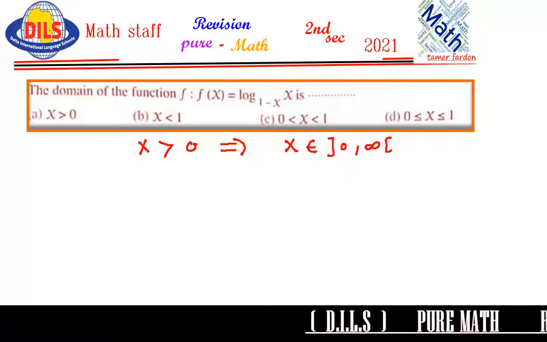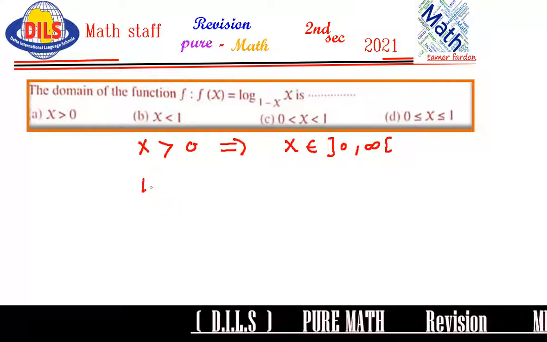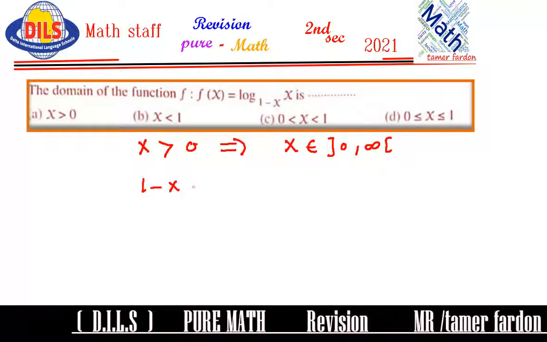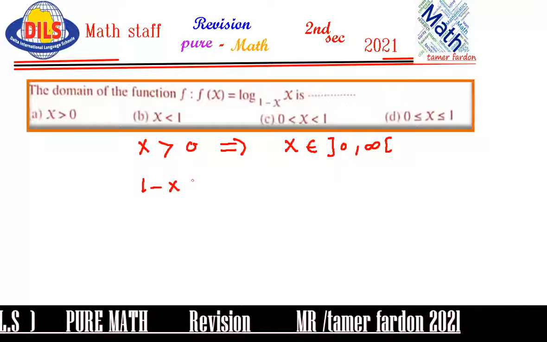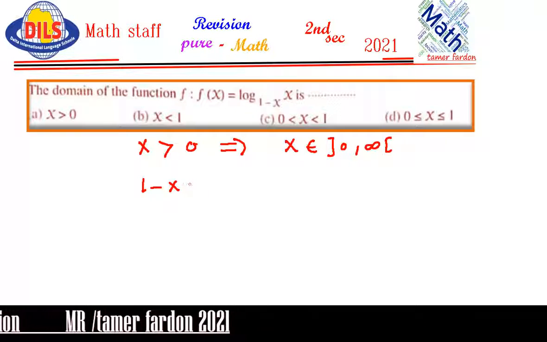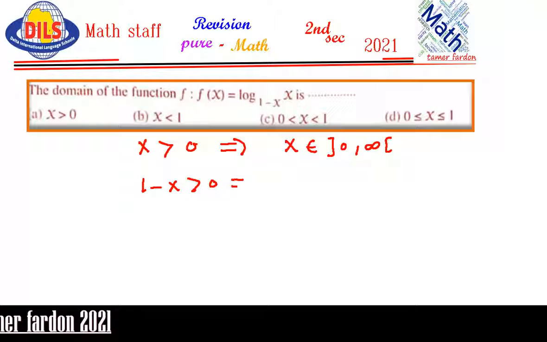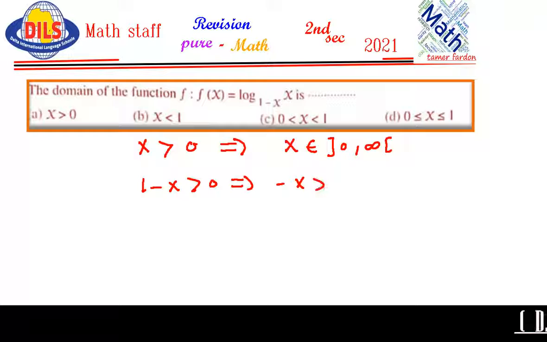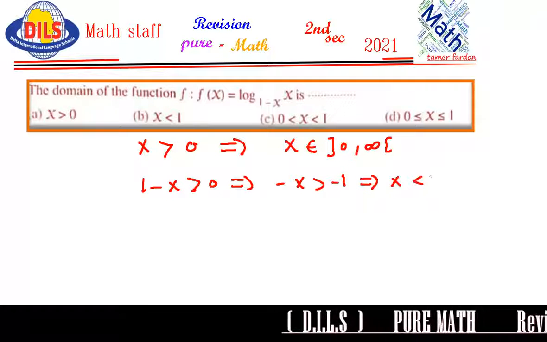Also 1 minus x is a positive real number, so 1 minus x is greater than 0, so negative x is greater than -1, so x is less than 1.